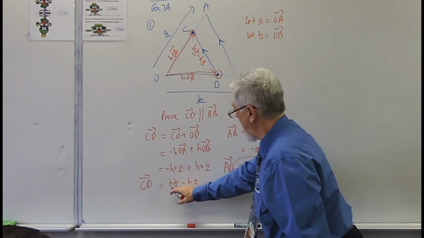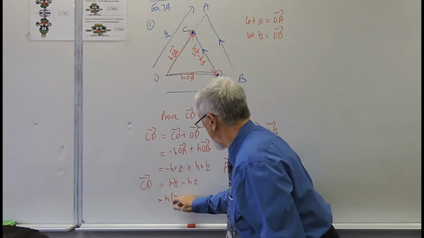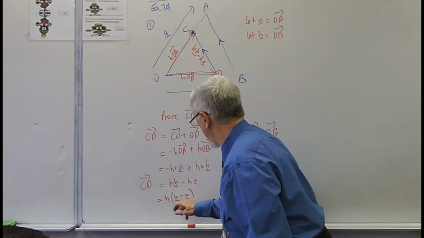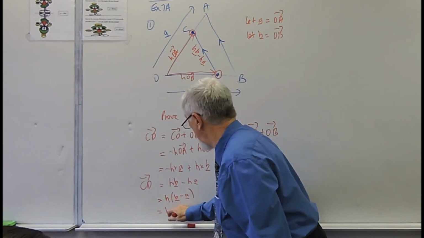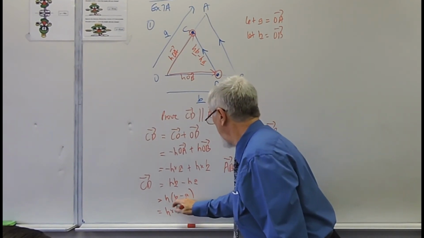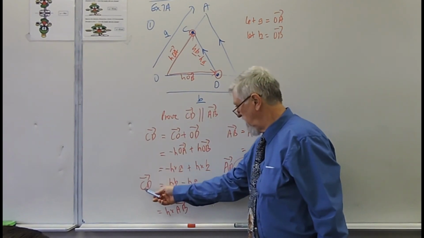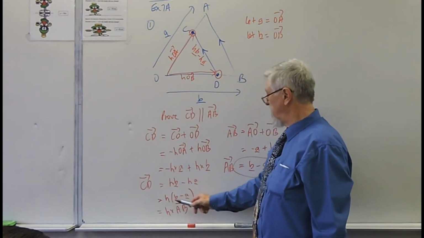So this vector is H times bigger than that. So if I took out H as a common factor, I've got B minus A, and what I could write here? It's H times by B minus A is AB. So CD is a certain number times AB.